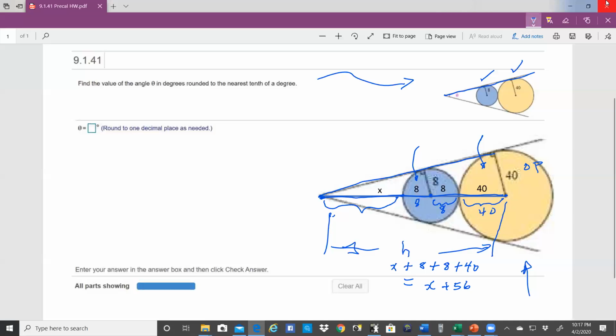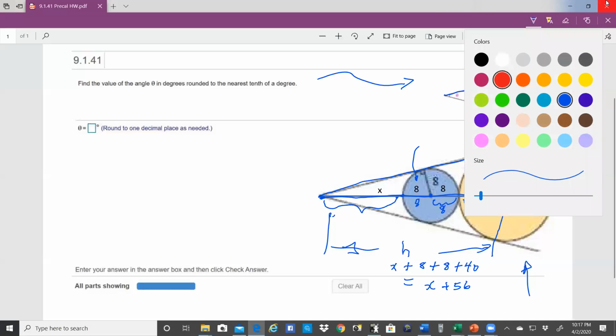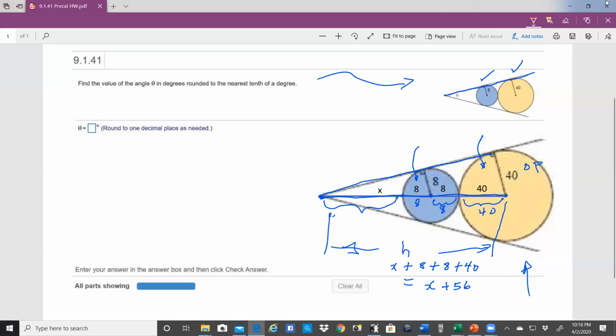And we actually have two similar triangles. And the one that's similar to the larger triangle, of course, is the one I'm marking out in red.